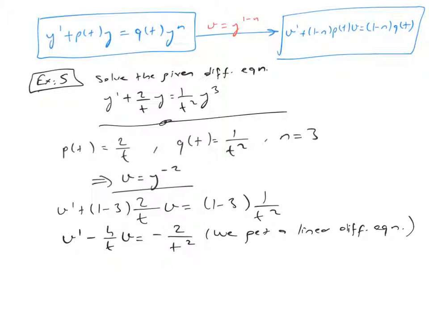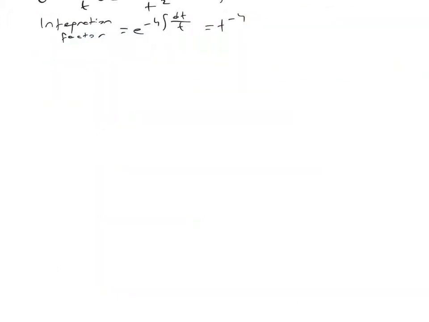And in this linear differential equation, our integration factor is equal to e to the minus 4 integral dt over t. So our integration factor is equal to t to the minus 4. By multiplying both sides by this integration factor, we get v prime over t to the 4 minus 4 over t to the 5 times v is equal to minus 2 over t to the 6.